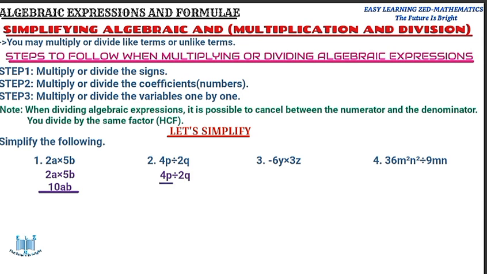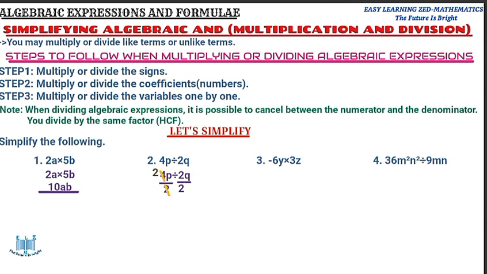So we're going to divide both sides by 2, because 2 is the highest common factor of 4 and 2. Once we have come up with such an expression, we'll start dividing. So 2 into 2 gives 1, then 2 into 4 will give us 2.